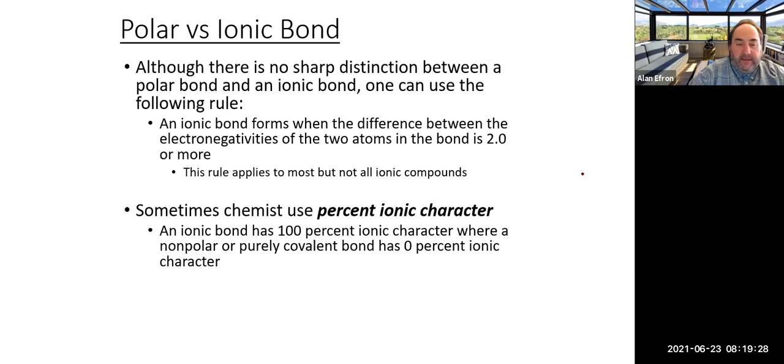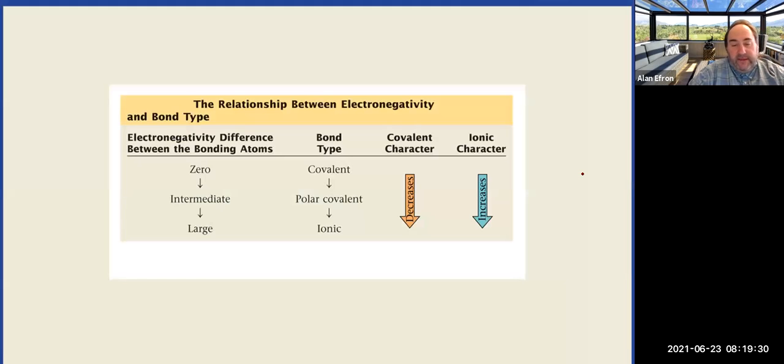So here's just a table of the differences. At 0% ionic character, we basically have a non-polar bond or a pure covalent bond. A large percent ionic character is an ionic bond, and somewhere in the middle, obviously, our polar bond. So this is what we were talking about the other day as well.